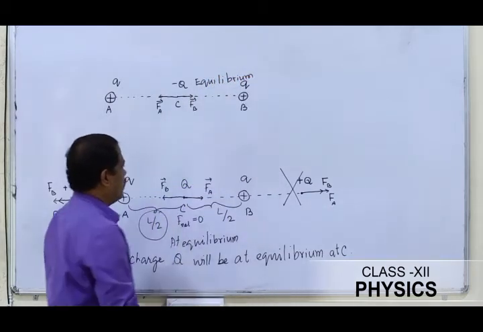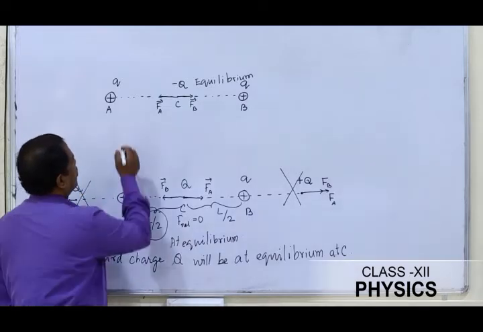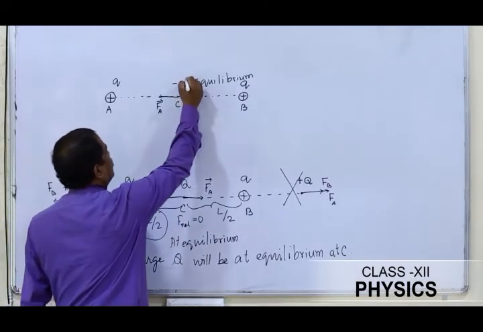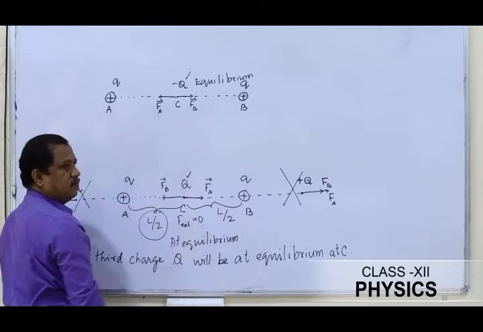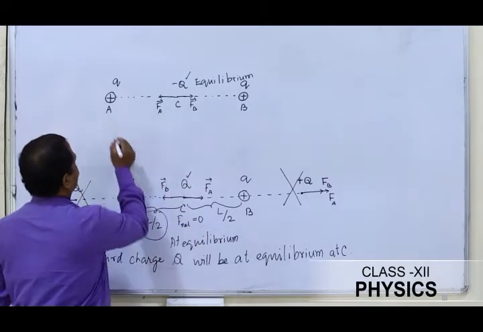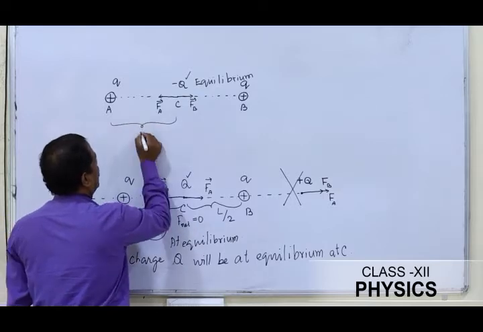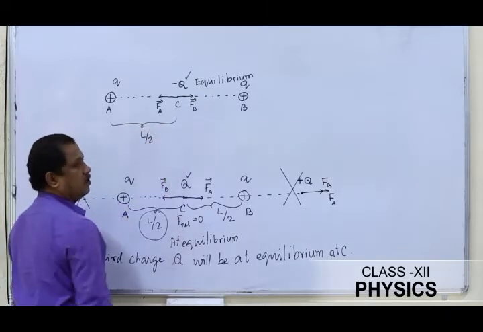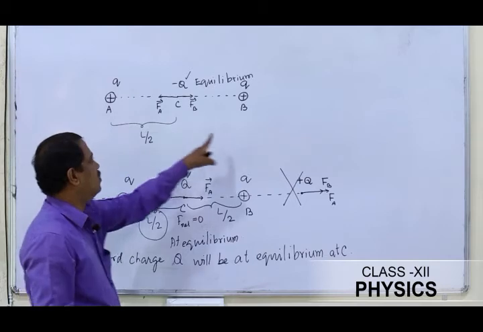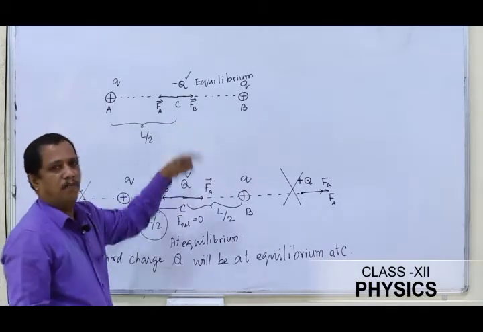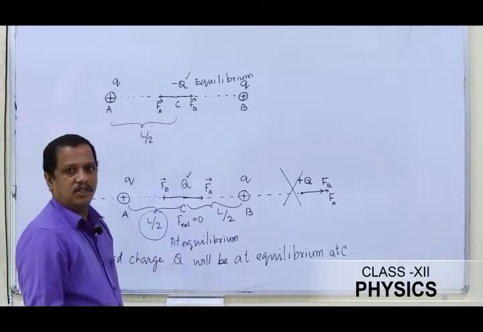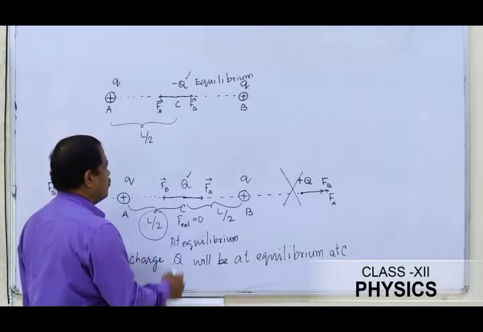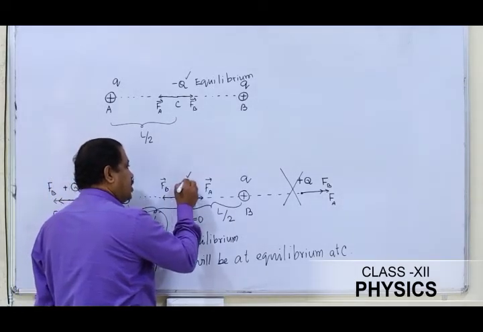So one thing is clear: whether it is a negative charge or a positive charge, it will be at equilibrium if placed at a distance of L by 2 from charge A, or L by 2 from charge B. If you ask a third question, what if I change the magnitude of the charge?